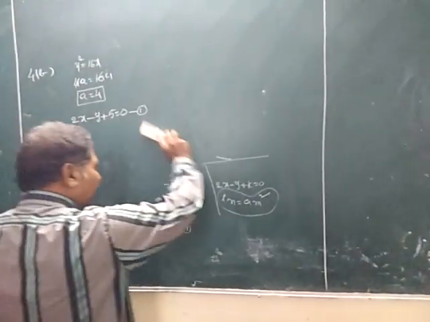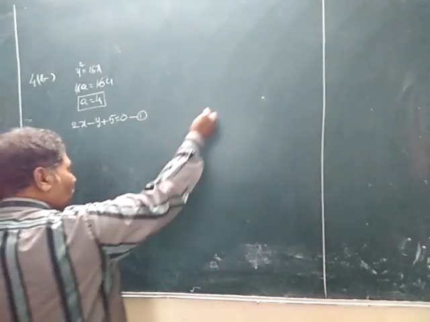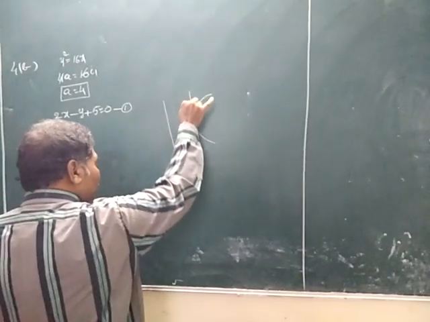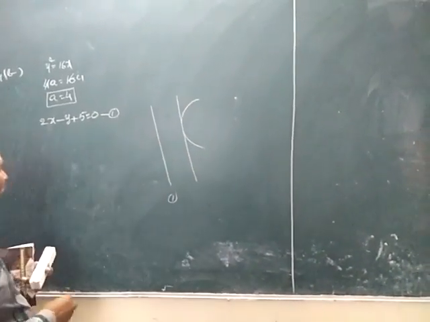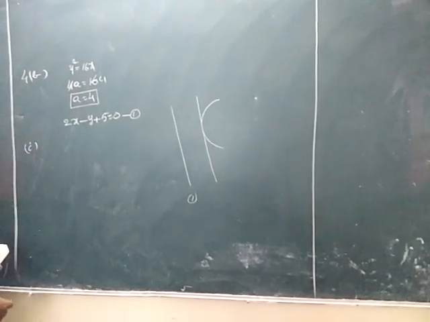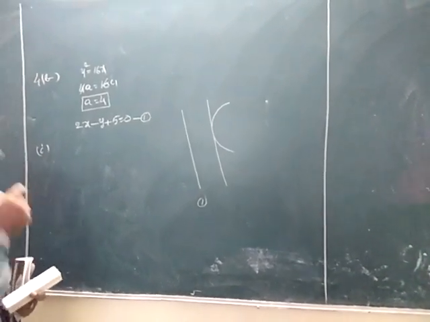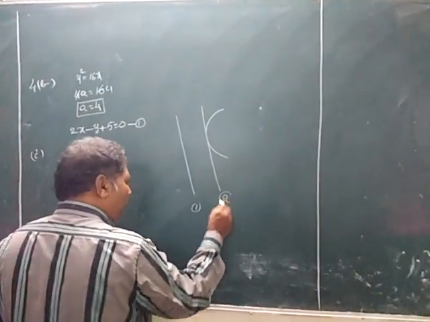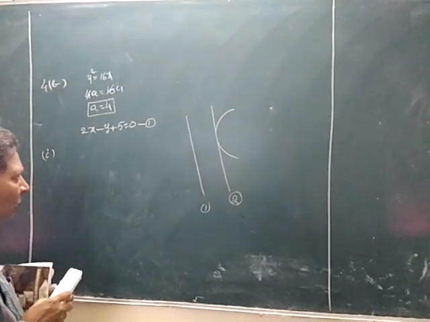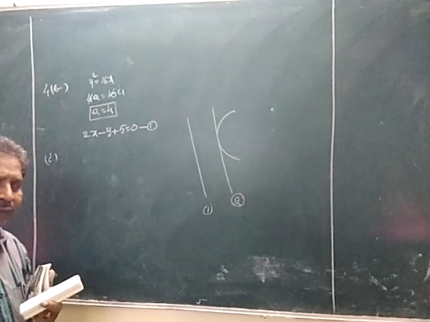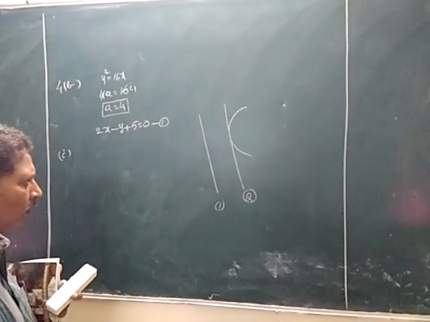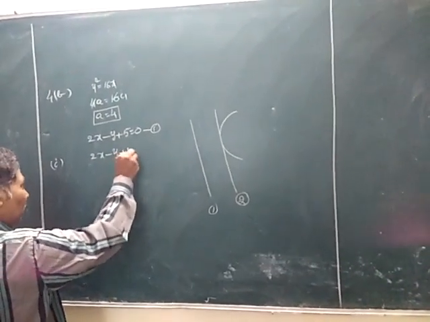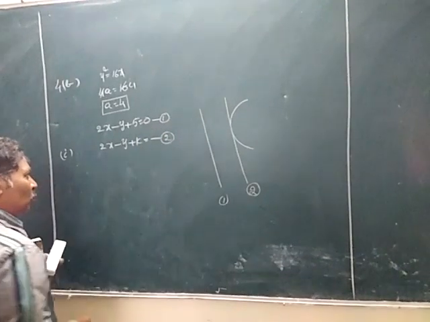Note down. Case 1. Take this diagram. Case 1, equation of the tangent parallel to the given line is 2x minus y plus k equal to 0.